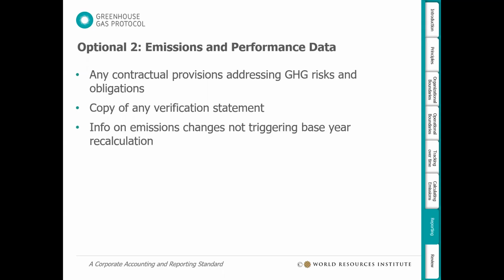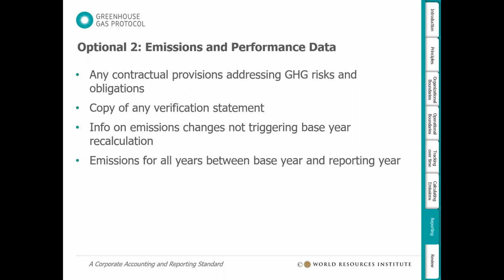Companies could also report information on emissions changes that have not triggered base year recalculations. So, for example, they could describe how organic growth has impacted their emissions over time. Optionally, they could include information on emissions for all years between the base year and the current reporting year, but again, the requirement is only to report the base year inventory alongside the inventory for the current reporting period.